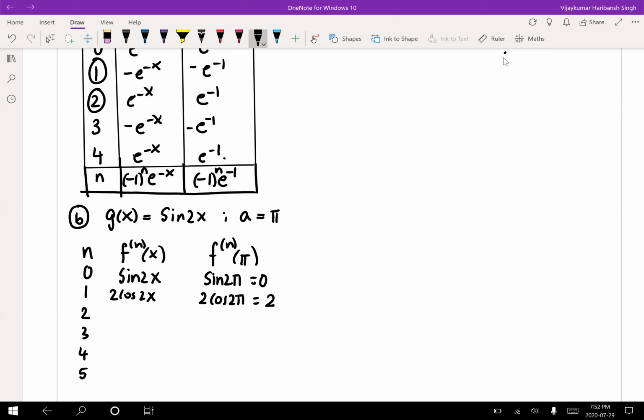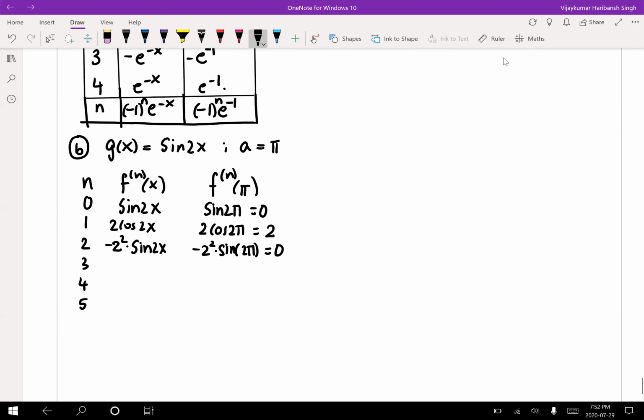Similarly, when you take the next derivative, you have 2 squared with a minus sign times sine 2x. And what is the value? You'll get minus 2 squared times sine of 2 pi, which is again 0.